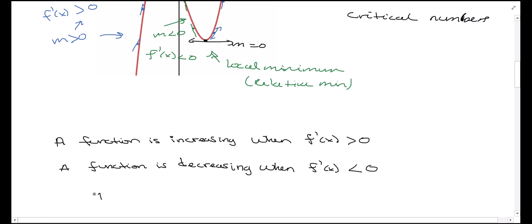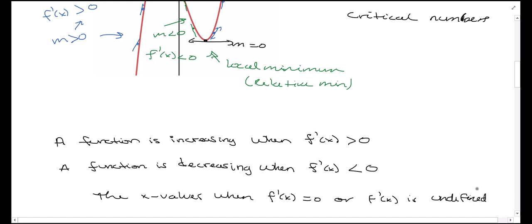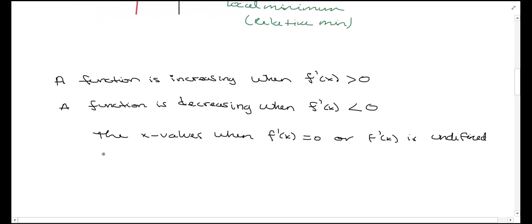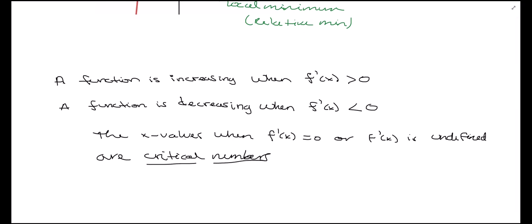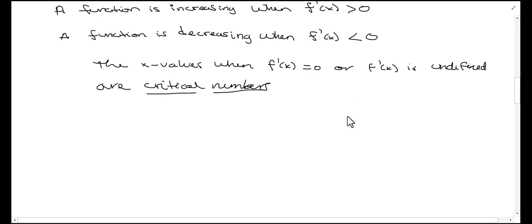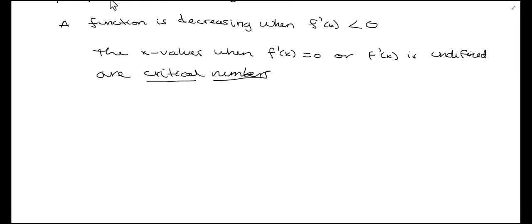So the x values where f prime of x is equal to 0 or f prime of x is undefined are called critical numbers. So in this case, x equals -2 and x equals 3 are critical numbers.